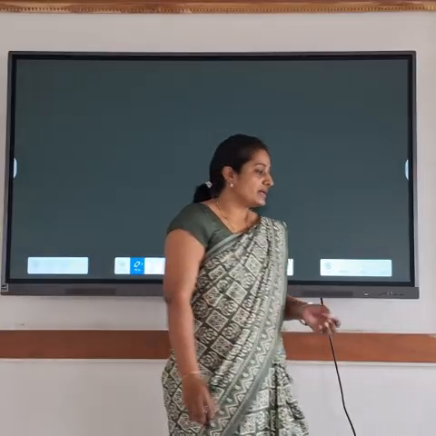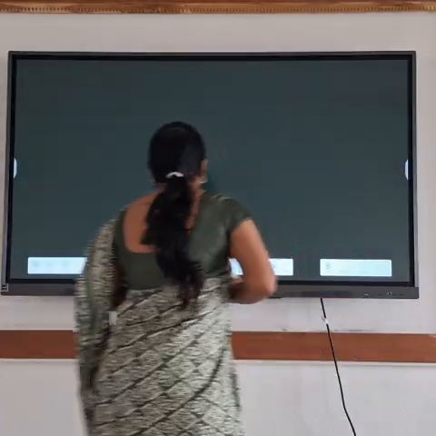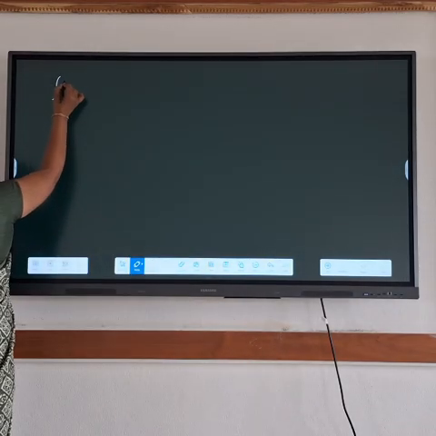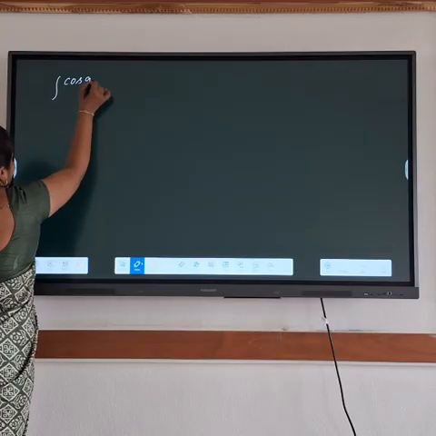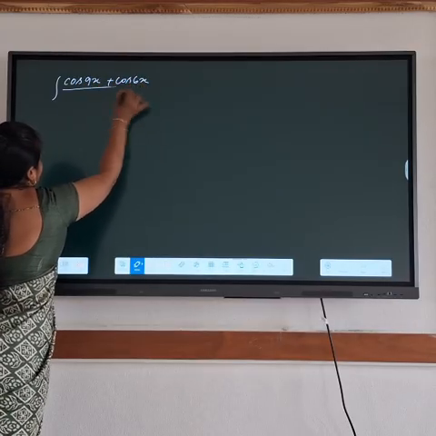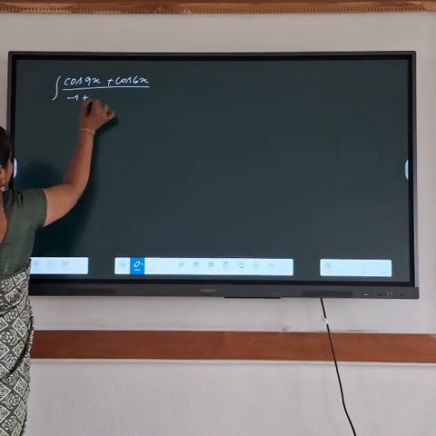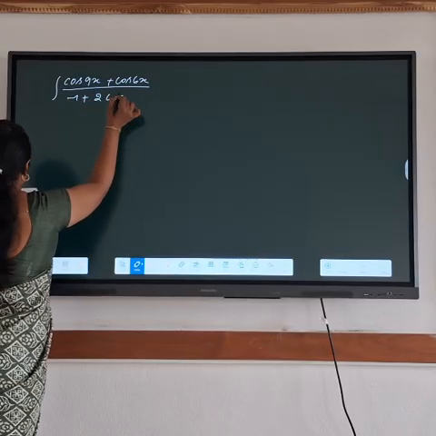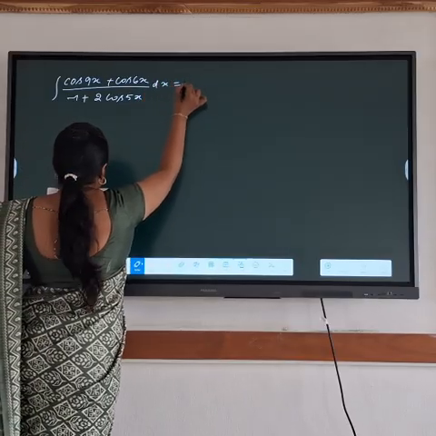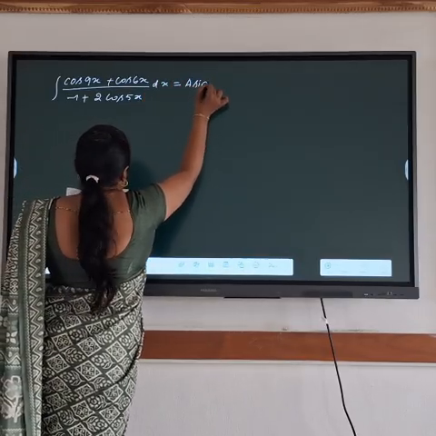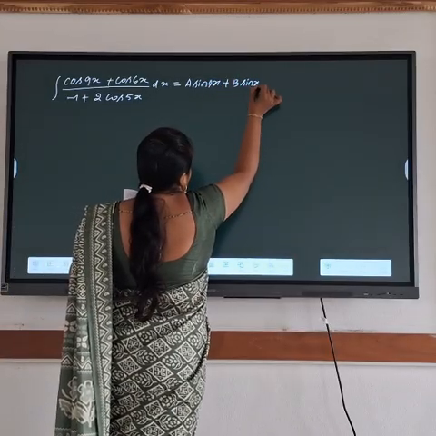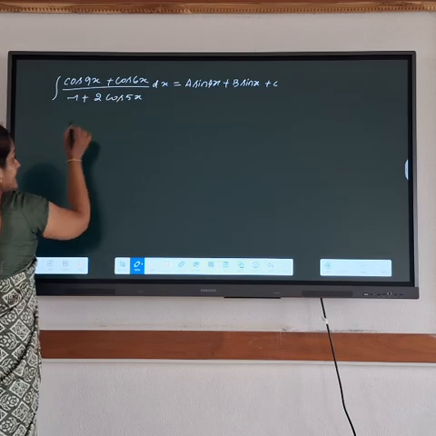So instead of discussing the definition at length, let's go step by step by solving a question. Let me consider one question which was asked last year in your JEE exam: the integral of cos 9x plus cos 6x divided by minus 1 plus 2 cos 5x dx equals a sin 4x plus b sin x plus c, where c is a constant.